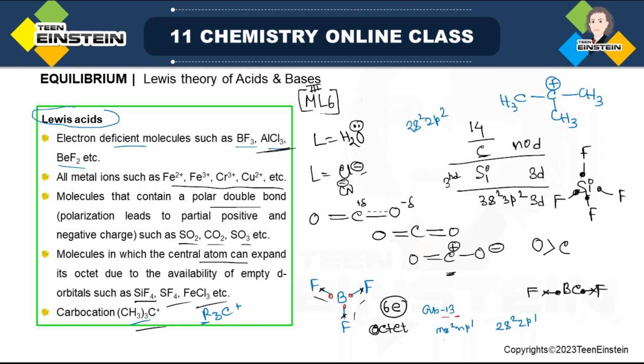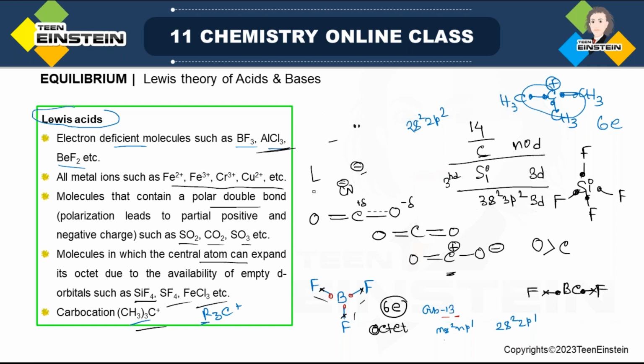But here, as positive charge is there, you cannot consider 4 electrons. There are basically 3 electrons. It is using them for 3 bonds, with 3 C-C bonds basically, and another electron will come from the other carbon. But if you count the total number of electrons surrounding it, it is basically 6 electrons. So here also the octet is not complete. That is the reason a carbocation can also behave as Lewis acid. So these are all examples of Lewis acid.